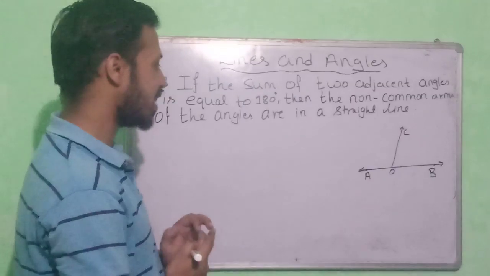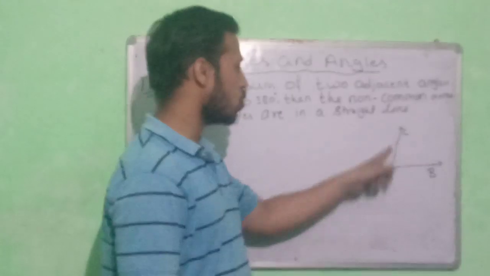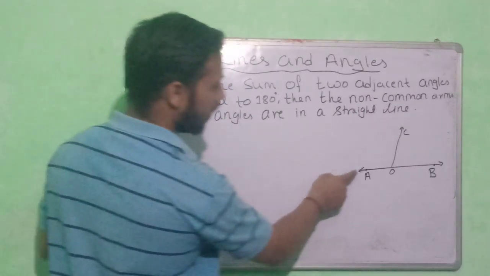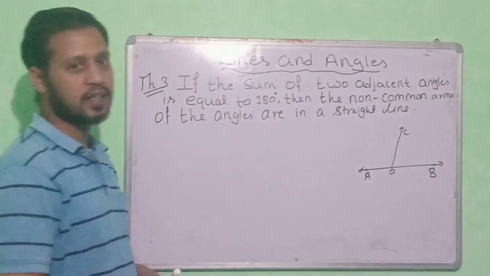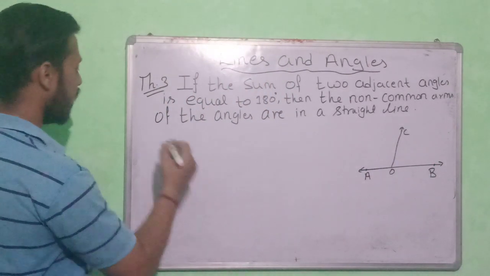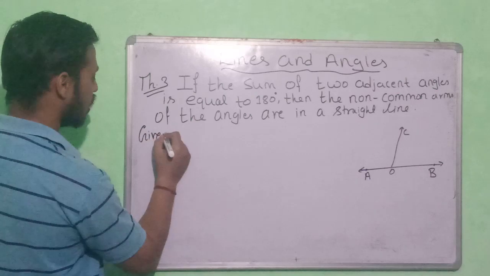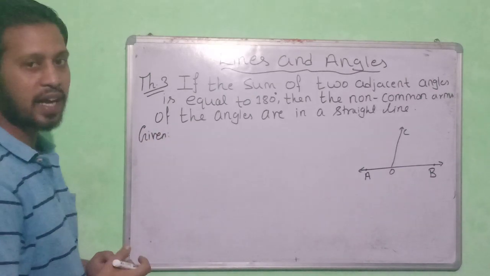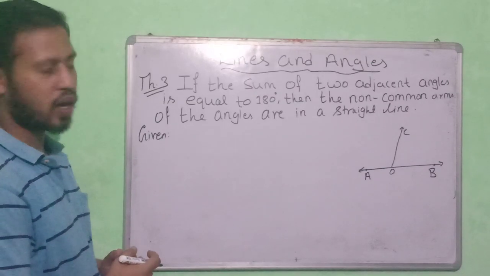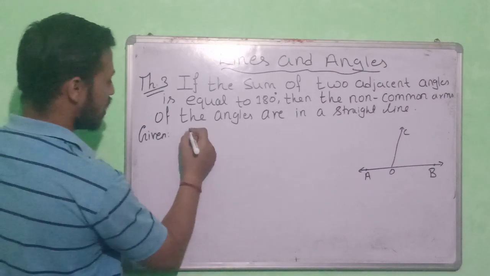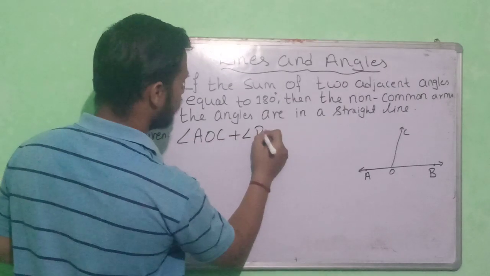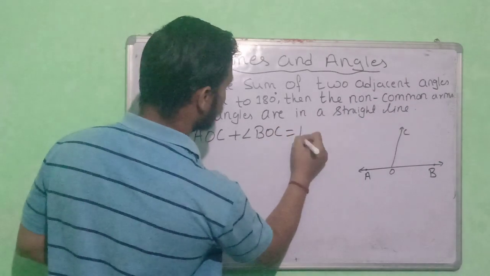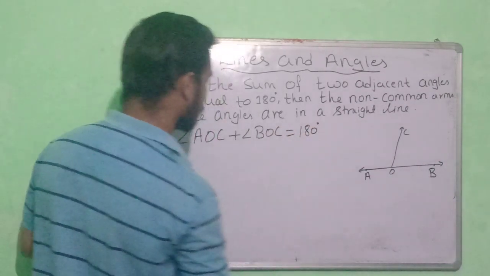It is given to us that AOC and BOC, as these two are adjacent angles, their sum is equal to 180 degrees. That the sum of two adjacent angles is equal to 180 degrees. Then we will write angle AOC plus angle BOC equals 180 degrees.